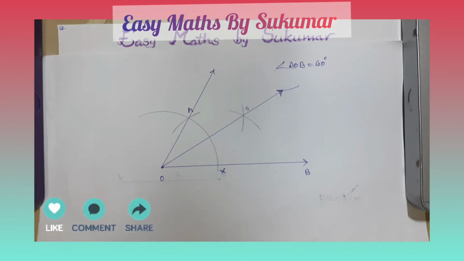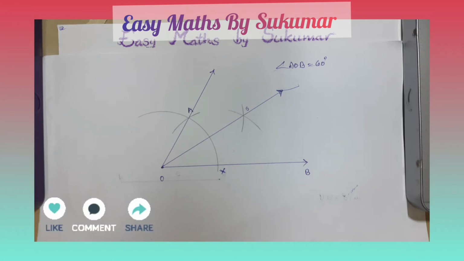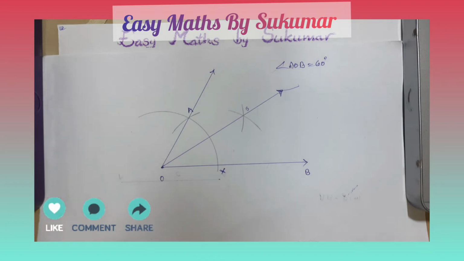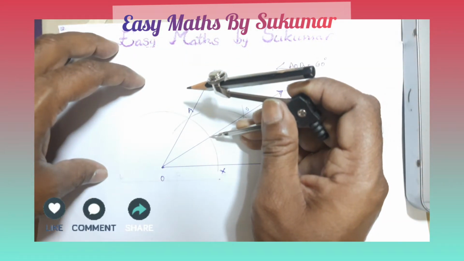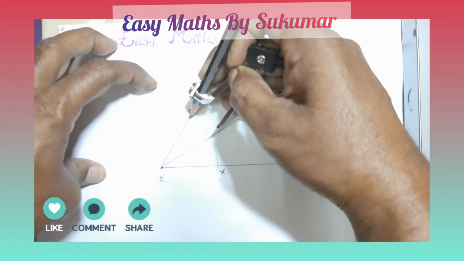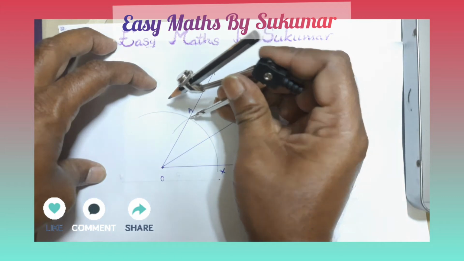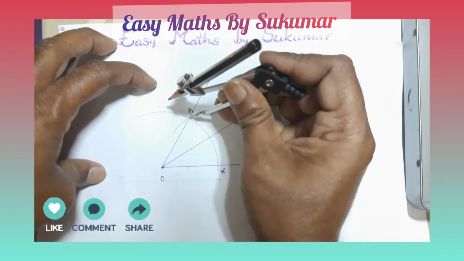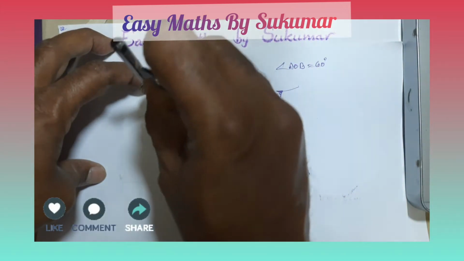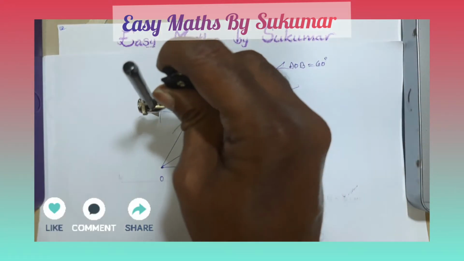See my dear students, you can construct a 90 degrees angle also without using the protractor. See here, this measure is equal to what? 30 degrees. So from here, just cut the first arc from A to here.